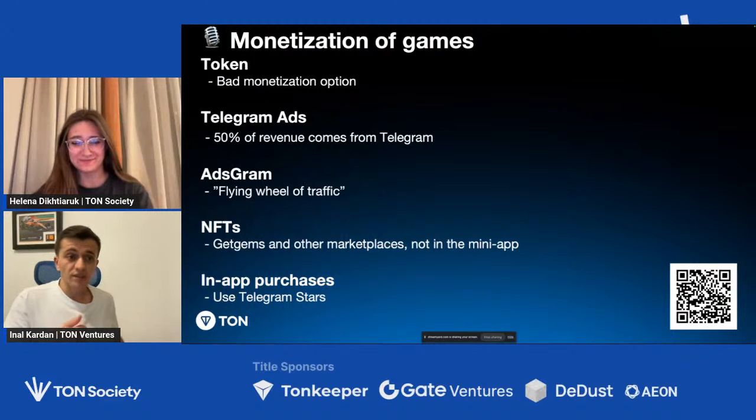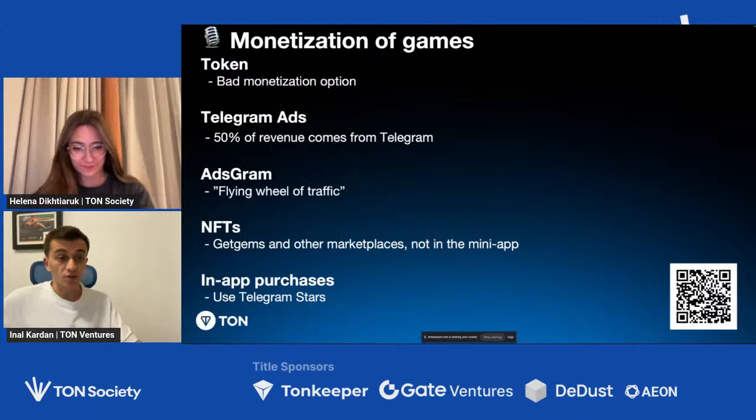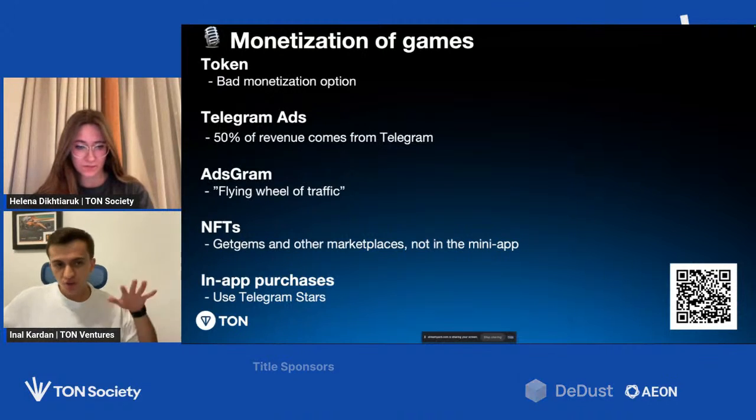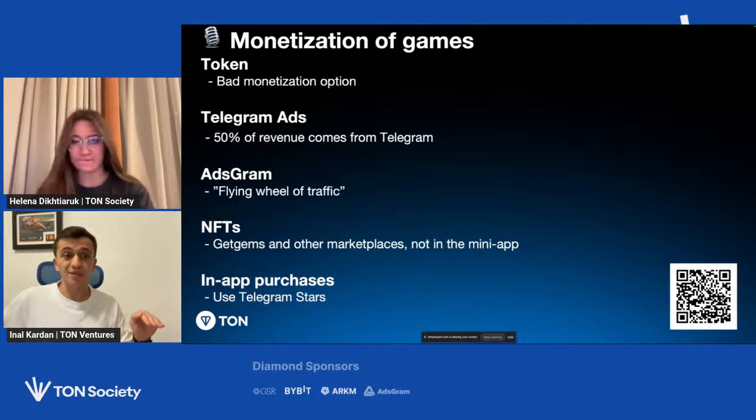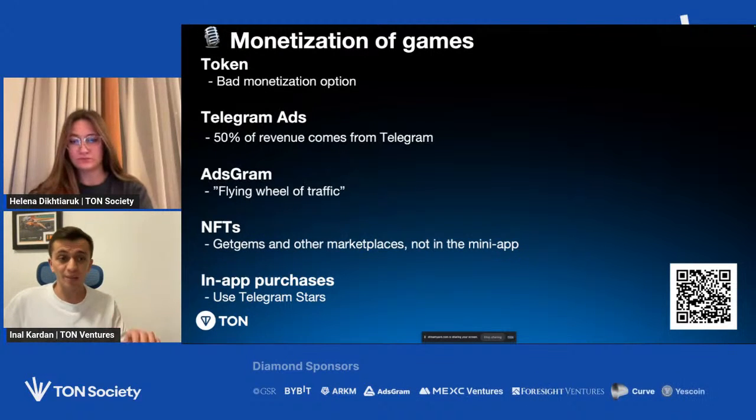Token should have a utility. If you build not just a meme coin, but a long-term sustainable business, your tokens should have utility. So usually tokens should not be considered as a monetization option. I know this is not something that founders want to hear, but this is the truth. Do not consider token as your main monetization option.